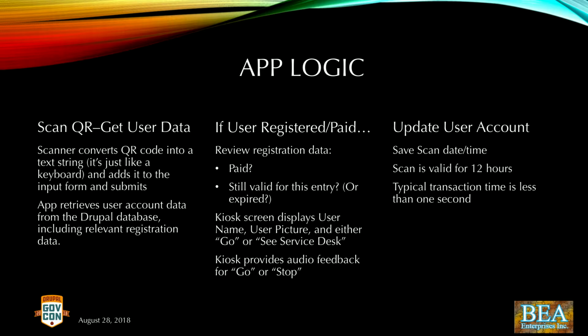They'd have to scan in again, but you can set that to anything you want. I think originally we had it 12 hours, so there's some easy configuration parameters that you can set. And as you saw in the little video clip, it really just takes a second from the time the ID code is scanned until all these other things happen.